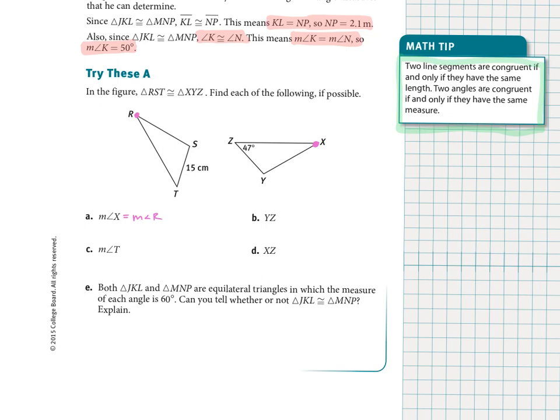Do I know what either of those angle measures are? I don't. So we're going to say here it's not possible to find out what the measure is since I don't know the measure of angle R or the measure of angle X.